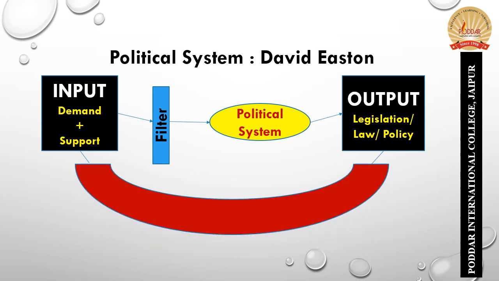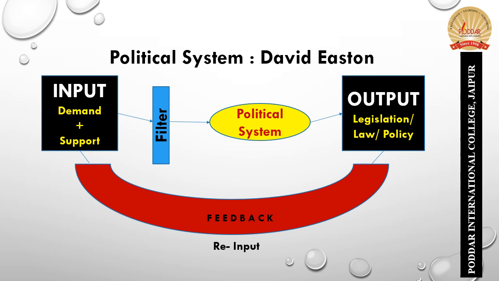We have a loop. To complete this circle, the loop is the feedback loop, or we can say this is re-input. Feedback is a dynamic process through which information about the outputs and the environment is communicated to the system, which may result in subsequent changes or modification of the system.